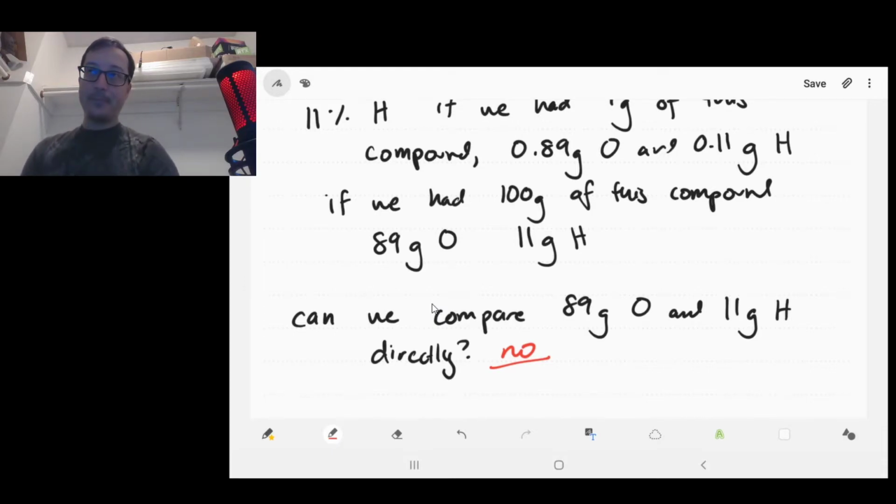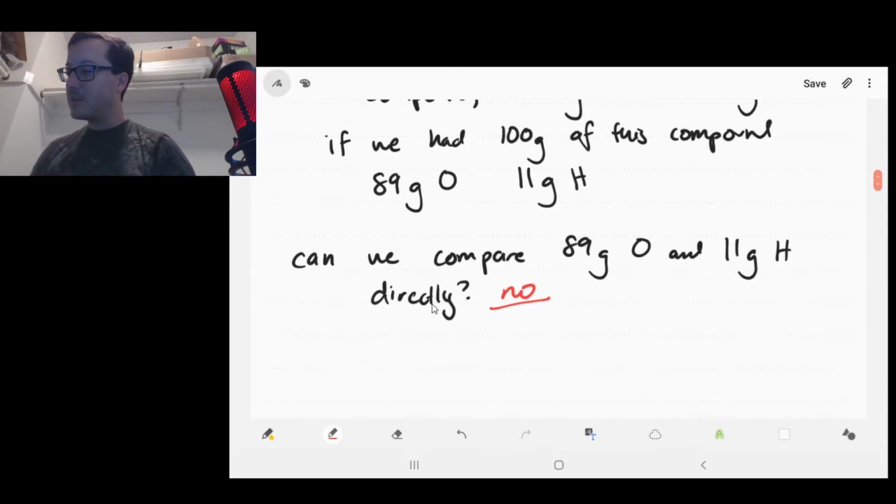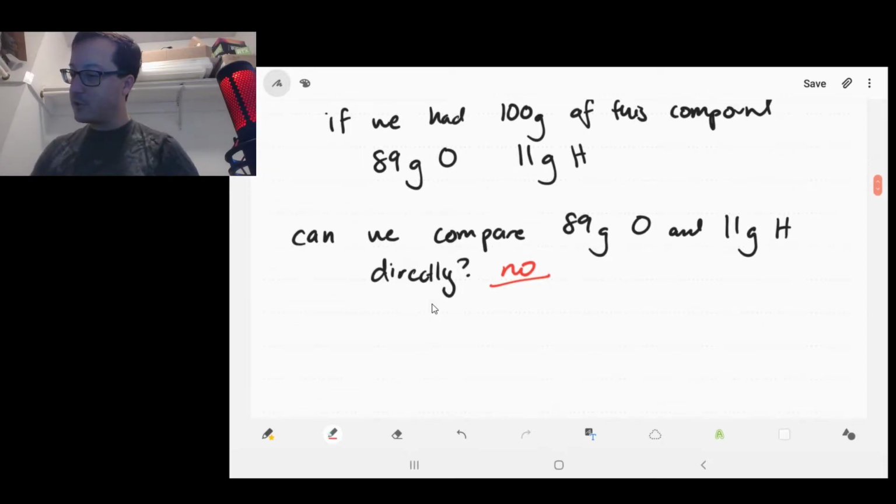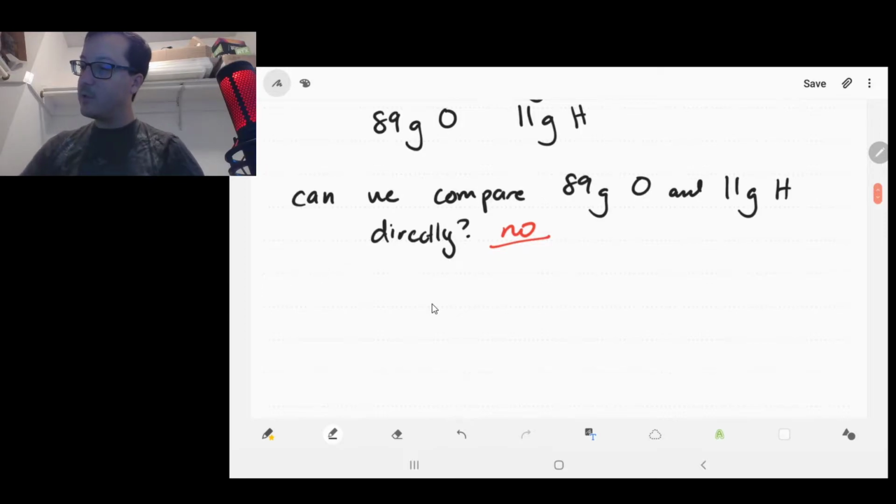We could do that. But it might be a little bit easier on us if we just convert them to moles, right? We saw that last time. We could talk about a number as a number of atoms, or we can talk about it as a mole. And we saw that the one with moles is a little bit easier because we don't have the crazy exponents and big numbers to deal with. So let's go ahead and convert these to moles.